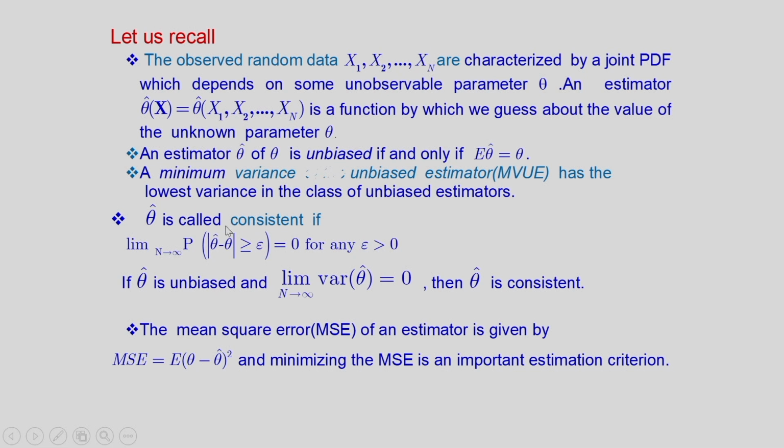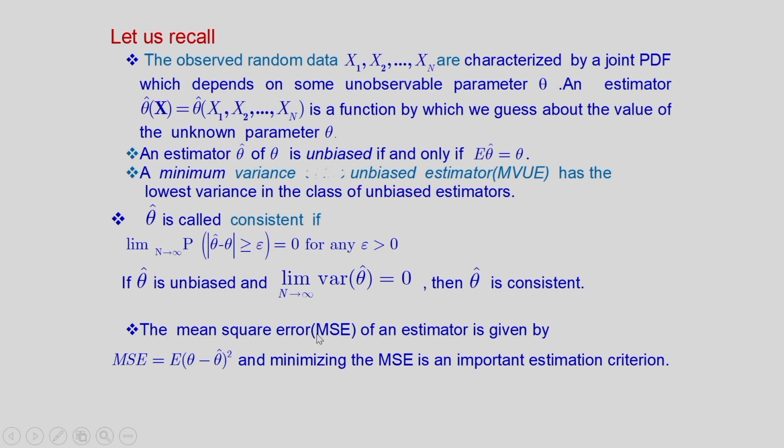That is the interpretation of a consistent estimator. If theta hat is unbiased and the limit of variance of theta hat is equal to 0, then theta hat is consistent. That is a simple test for a consistent estimator when theta hat is unbiased.